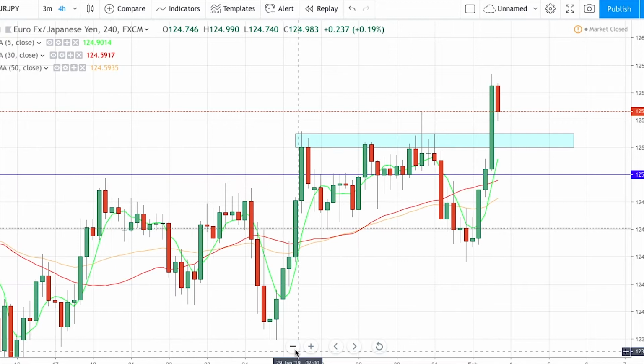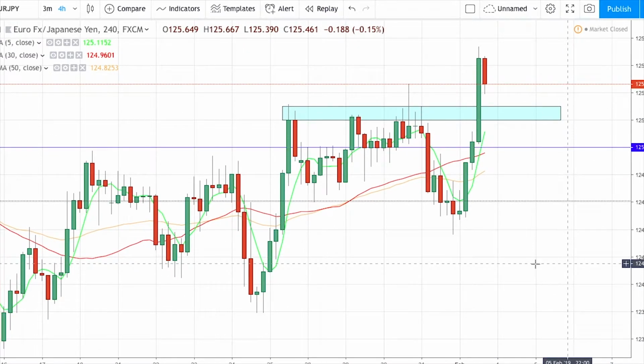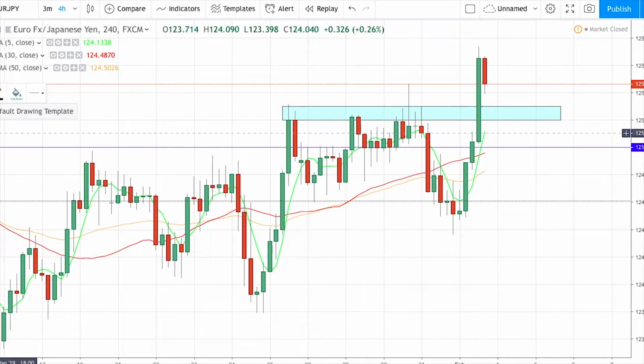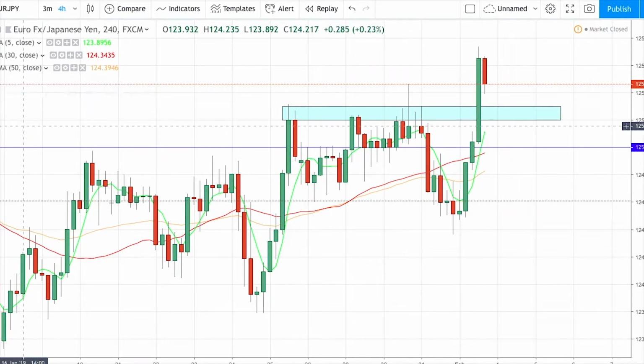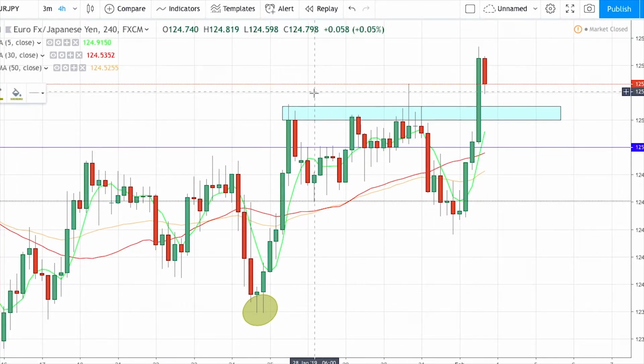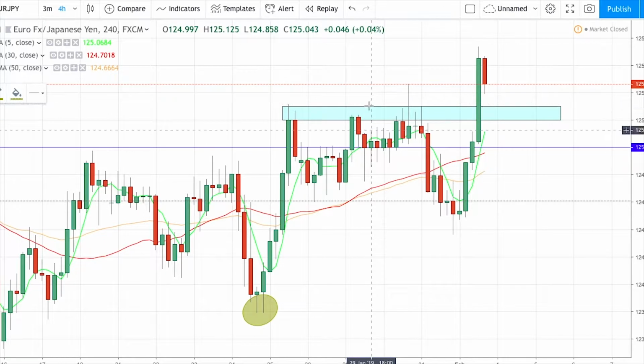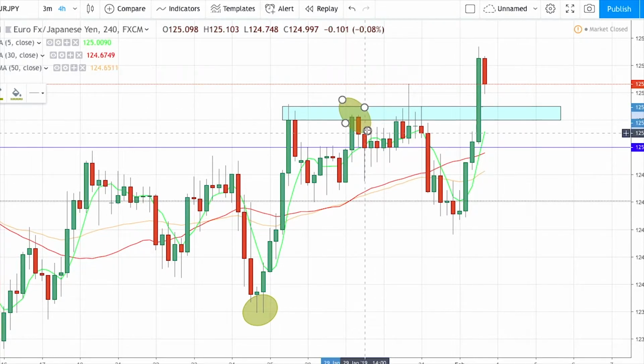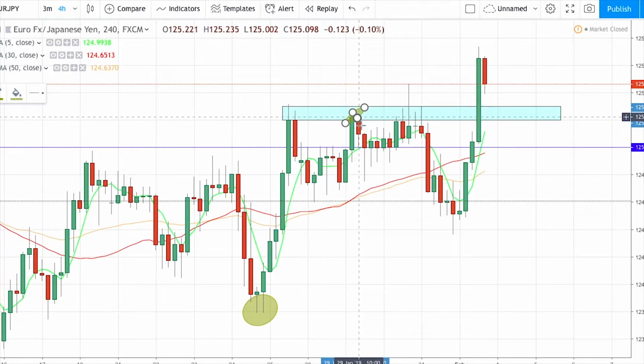If I was just to zoom out slightly on this 4-hour candle, we can pretty much see a very simple bullish engulfing formation, which I'll just highlight here. So we have the initial increase in price from this low here, the formation of a higher high, which again, you could pick any one of these 3 points here.